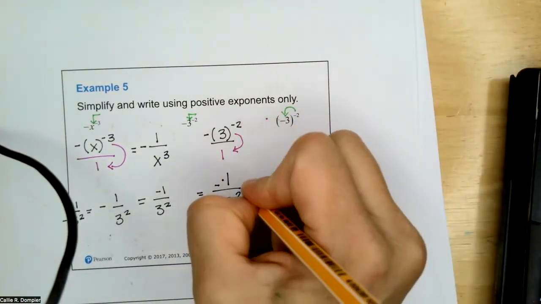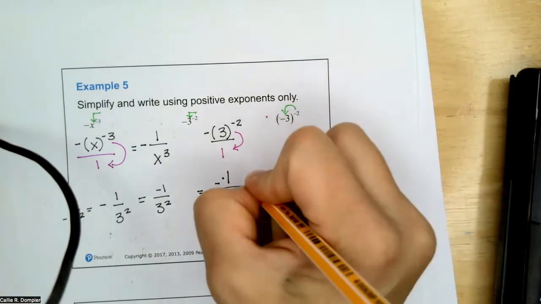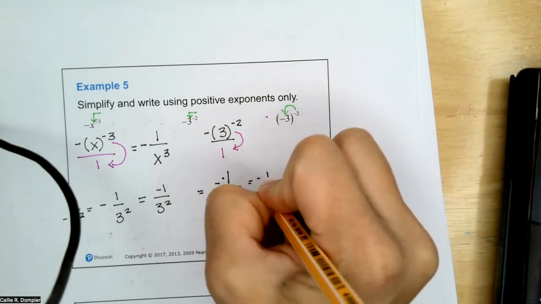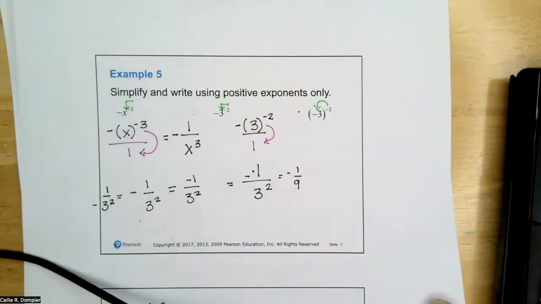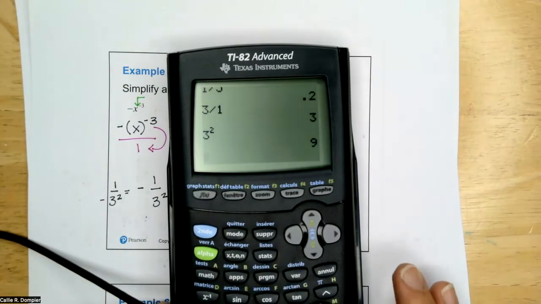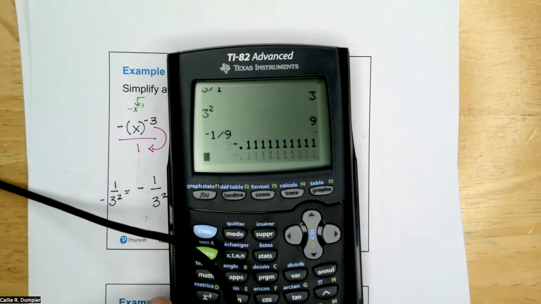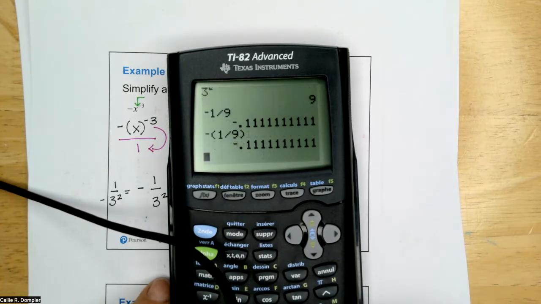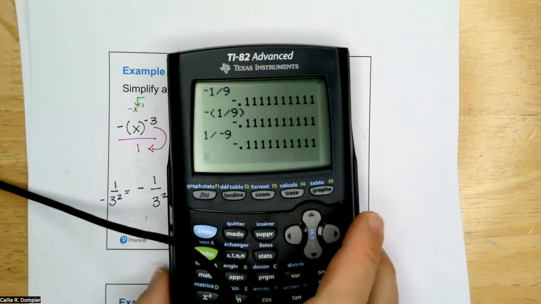So -1 over 3 squared is -1/9. -1/9 is going to give you the same as -1/9, or 1 divided by -9. They're all going to be the same number.